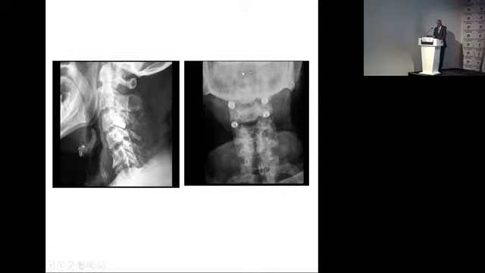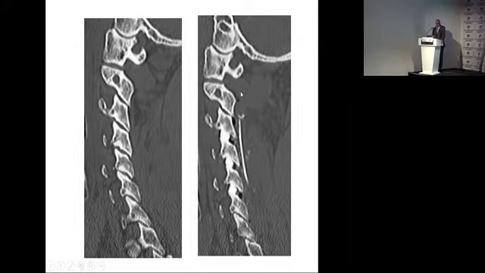So you can introduce 2 spacers at each level, and you can introduce 1, 2, 3. I have introduced 5 spacers at each level. You please see the increase in the facetal distance, increase in the spinal canal distance, stretch of the ligaments, reduction of the osteophytes, and increase in the disc space height.